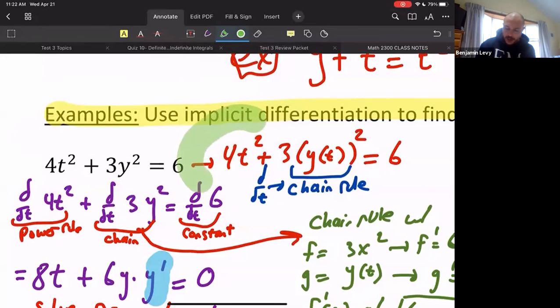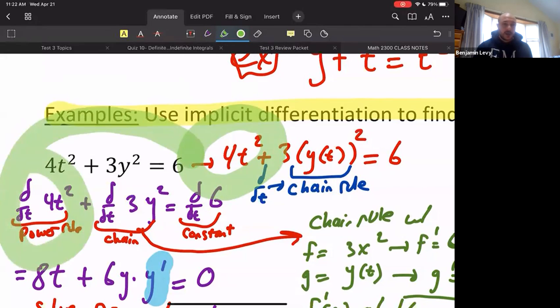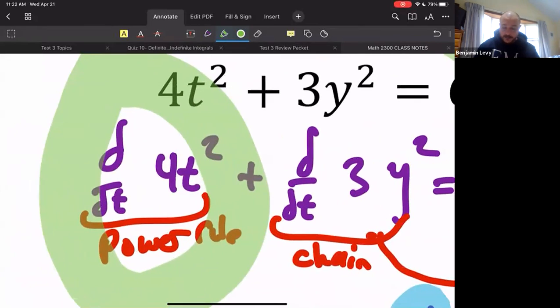All right, if we differentiate this with respect to t, what I've circled in green, 4t squared, is just a power rule, right? It says that right here, actually. Because we're differentiating with respect to t, and the t is just sitting right there, multiplying the 4, and it's being squared, right? And so if I zoom in on that, 4t squared, if I'm going to differentiate that with respect to t, it's just a power rule.